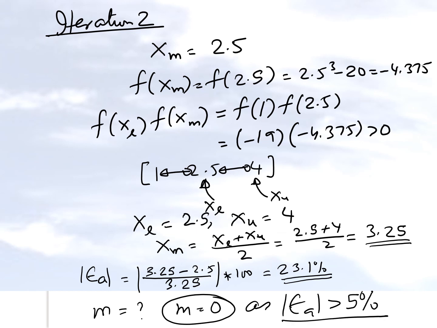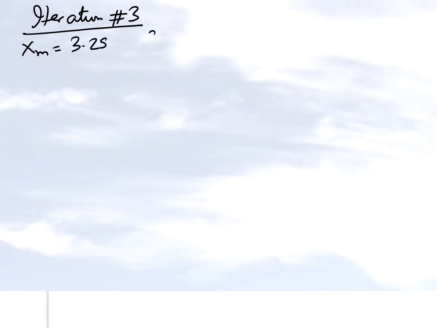Let's see if we have any better luck with the third iteration. So in iteration number 3, my XM, which I just found, was 3.25. The first thing I have to do is find the value of the function at this midpoint, which I found from the previous iteration.